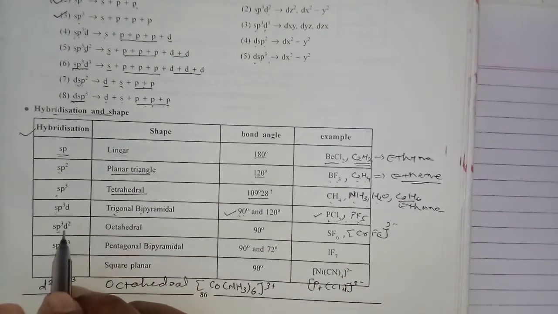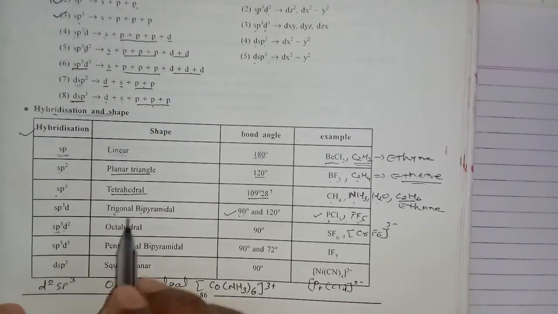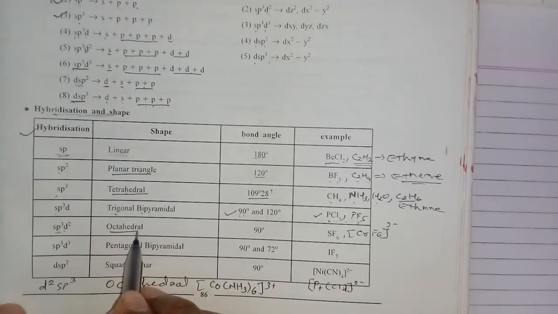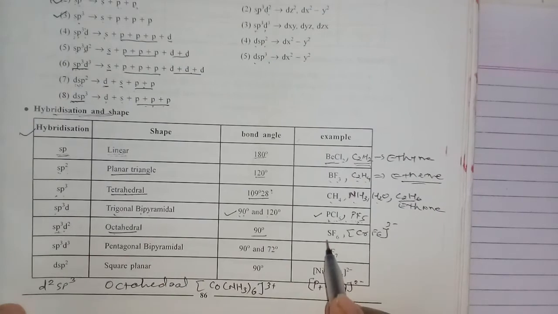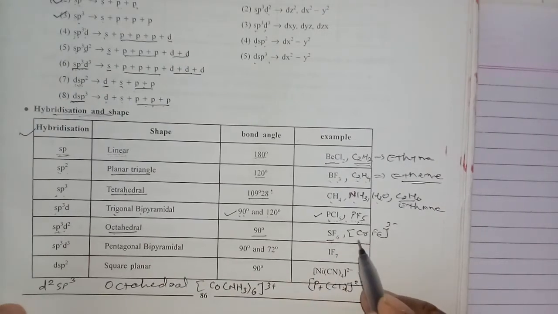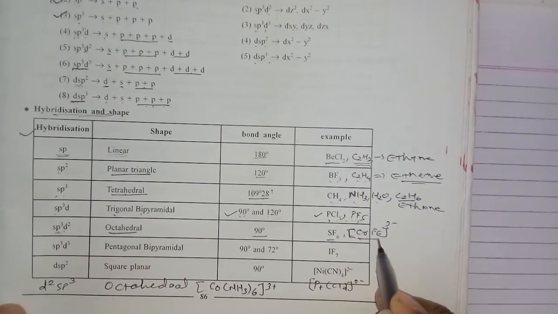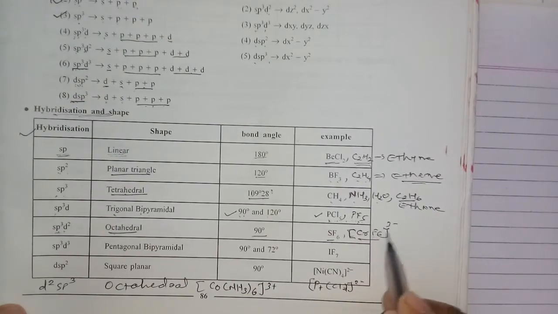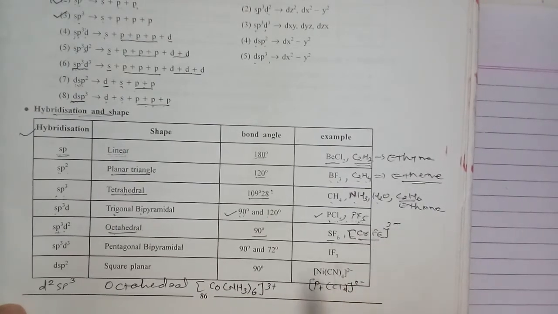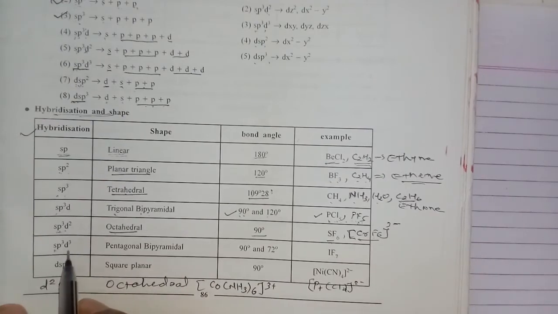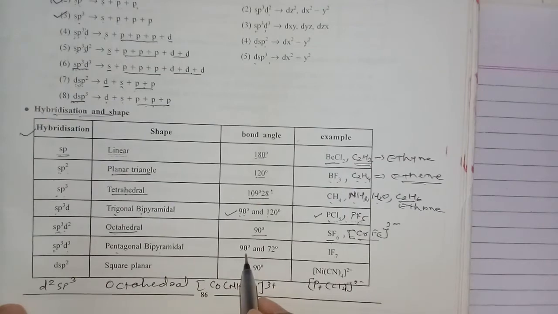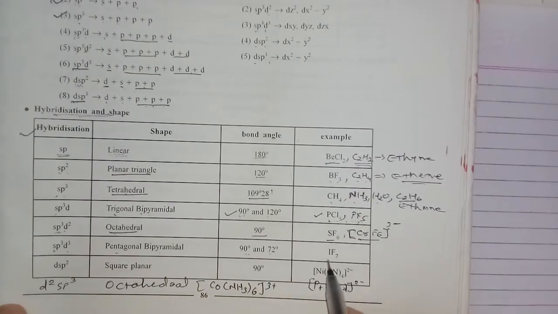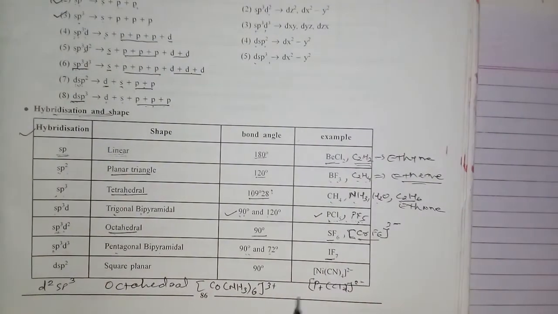Next is sp3d2, and its shape is octahedral, with a bond angle of 90 degrees. Examples are SF6, sulfur hexafluoride, and CrF6 3 minus. sp3d3 has a pentagonal bipyramidal shape, with 90 degrees and 72 degrees, for example IF7.